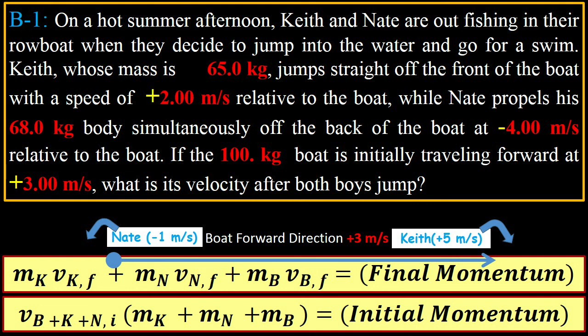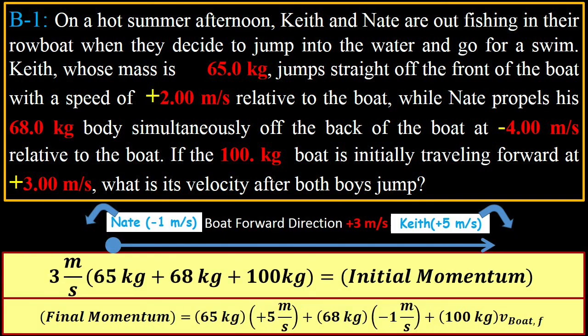So the final momentum will be the sum of all the final momenta, and the initial momentum will be the sum of all the initial momenta. What we're ultimately finding is the velocity of the boat after everyone jumps in.